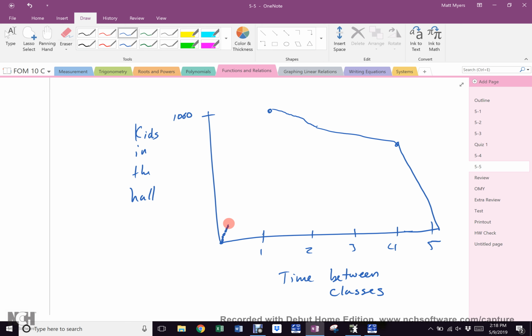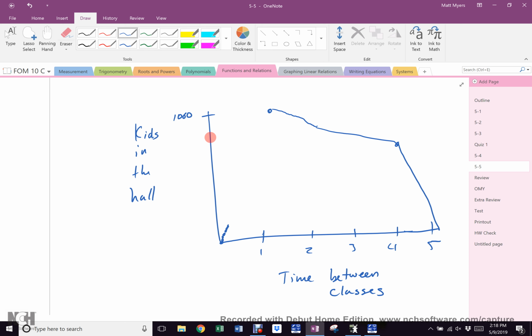Even if it appears continuous, because you've used a straight line, you have to actually know what the definitions mean. Right? Because there can never be half a kid in the hall, can there? All of these numbers have to be one number. But I would have to make the graph from here to Prab to the back of the room if I wanted to put a dot for each kid, right?